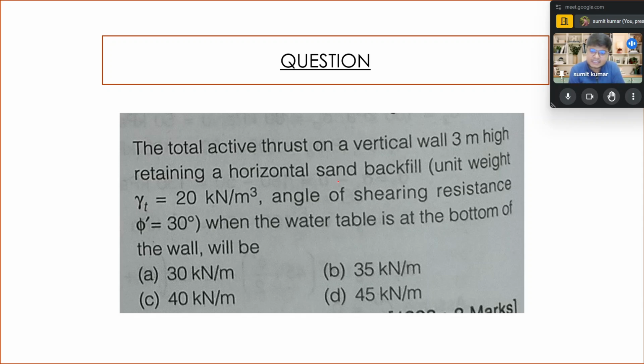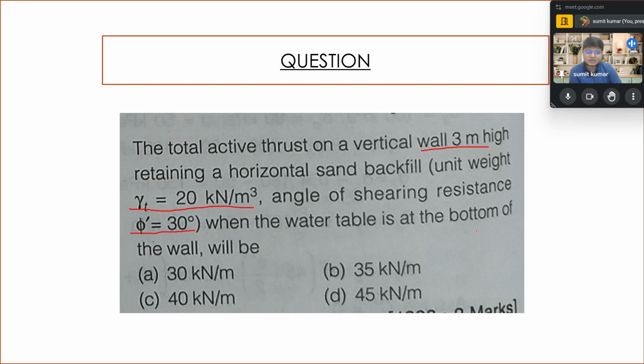It is asking for the total active thrust on a vertical wall of 3 meter height. Over here the wall height is mentioned as 3 meter, retaining a horizontal sand backfill. Unit weight is 20 kilonewton per meter cube. The angle of shearing resistance, phi, is 30 degree.